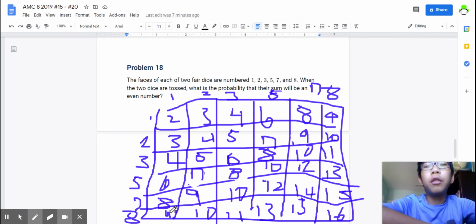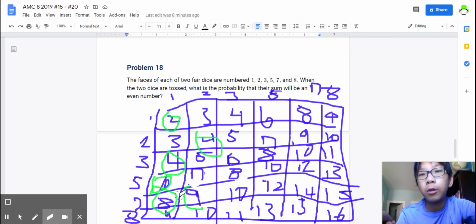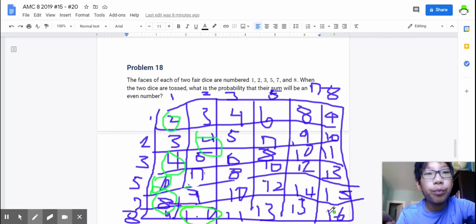So the amount of even ones out of these 36, we can circle in different colors. So these are even. Oh, that's not even. Sorry. Okay, so this one, this one, this one.